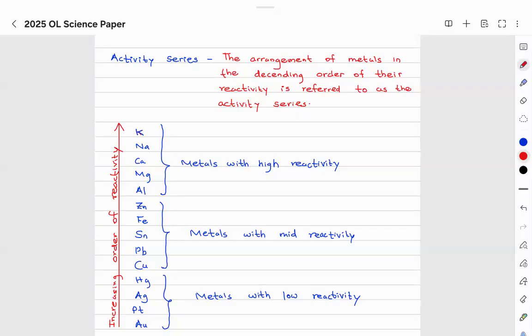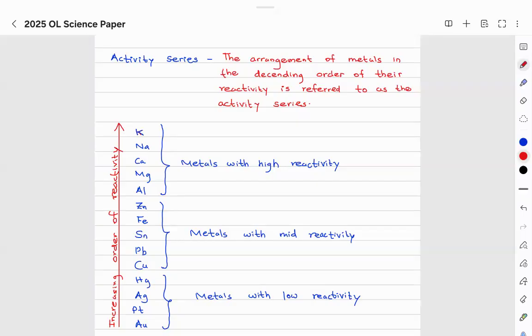Now, for an example, look at this one. Reactivity with acids, reactivity with water, okay?